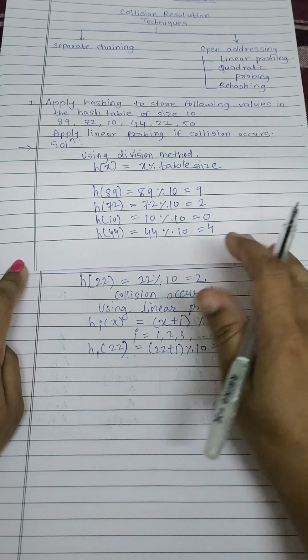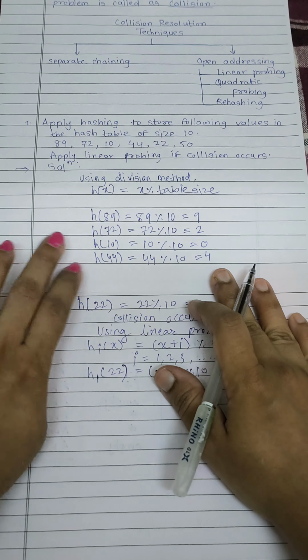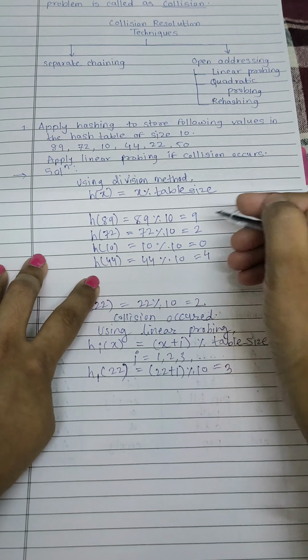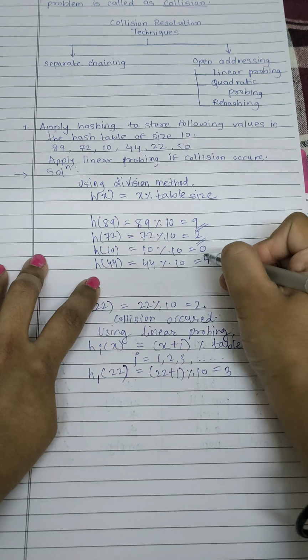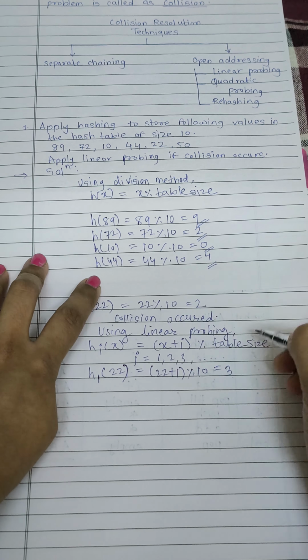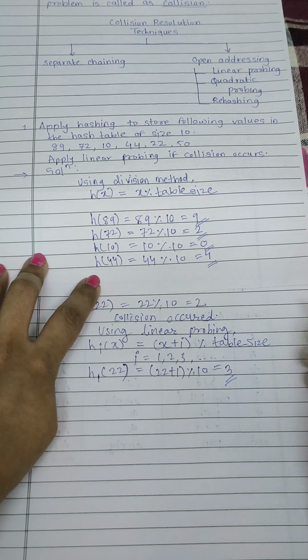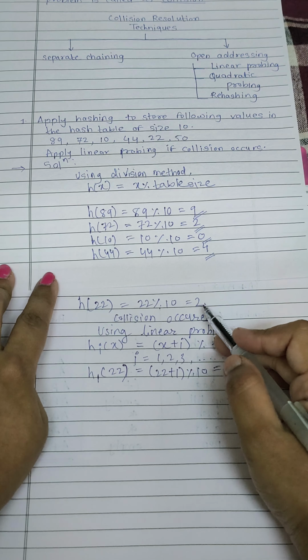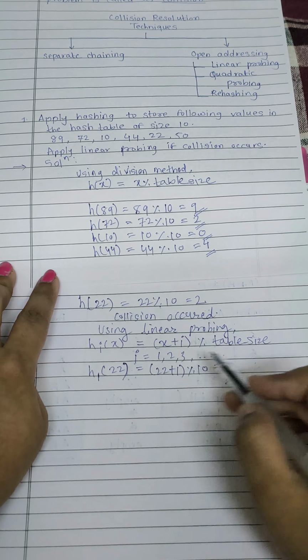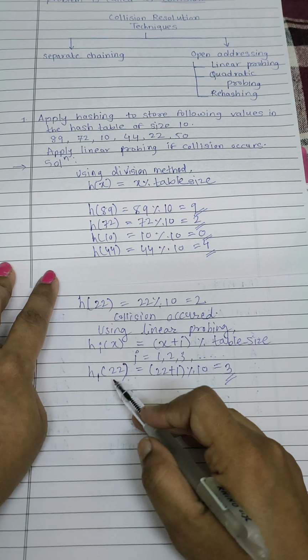No, it is not used. Just to keep track of the final index, we will underline it twice. So here I am underlining the index twice, which is unique. I have not underlined this particular one because it already has a collision.